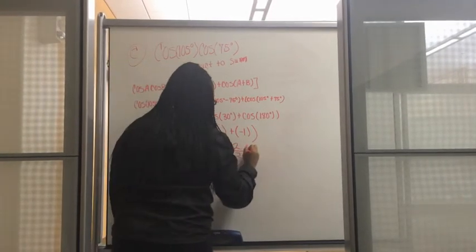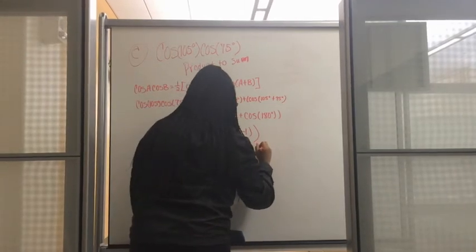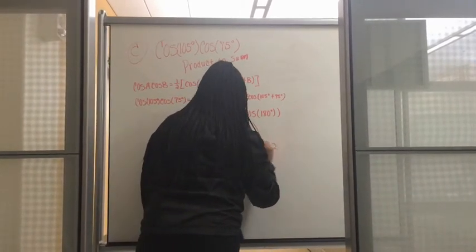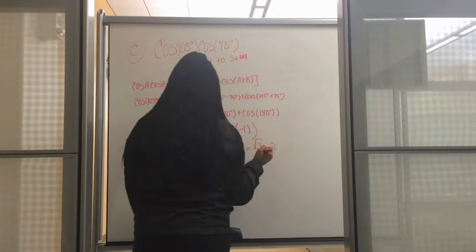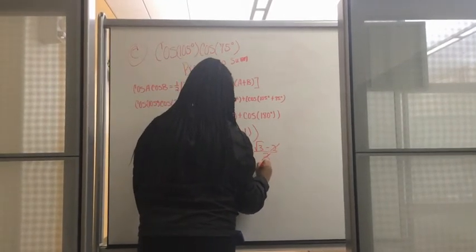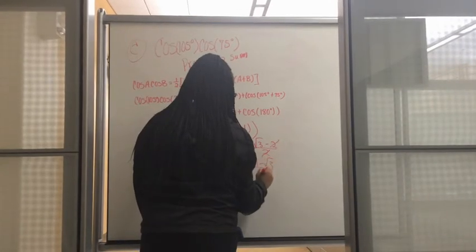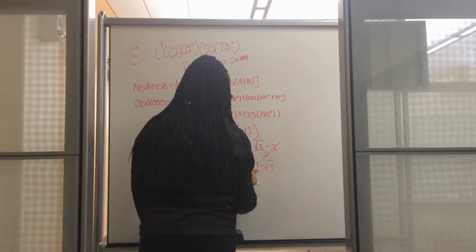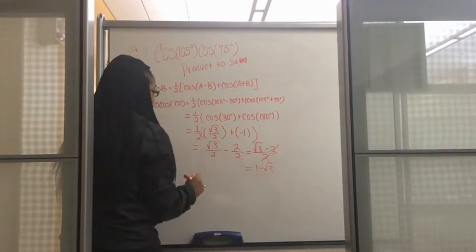And that gave me square root of 3 minus 2 all over 2. And these two can cancel out. So that gave me 1 minus square root of 3 all over 3.